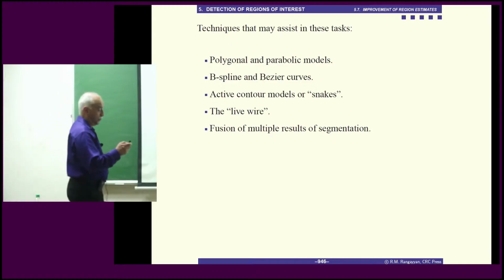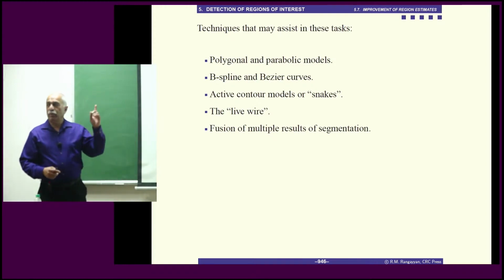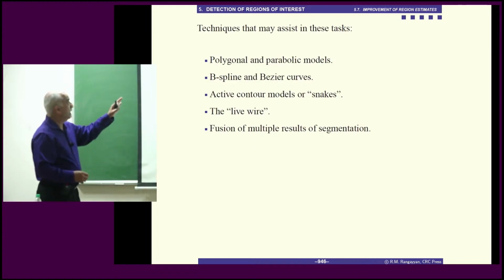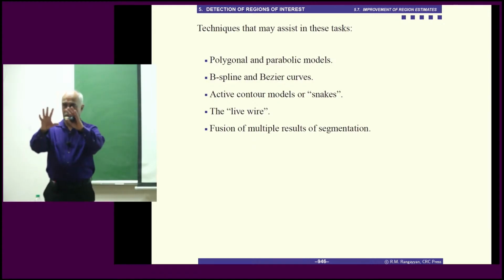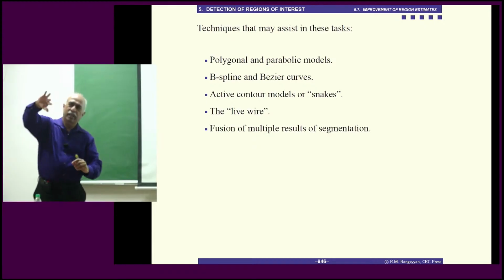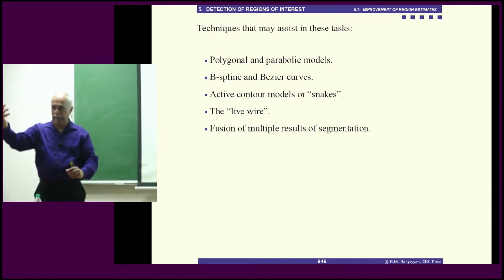I'll show you some examples later. Polygonal and parabolic models, B-spline and Bezier curves. So those could be built into a graphical tool, where you show the obtained result and let the user adjust some pixels. So this pixel is too far and pull it out, and it maintains continuity with the rest.